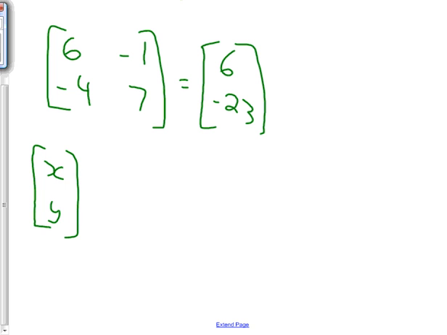X, y is equal to 1 over AD minus BC. So here, our A is 6. In this matrix for our ABCD, 6 times 7, subtract -1 times -4.